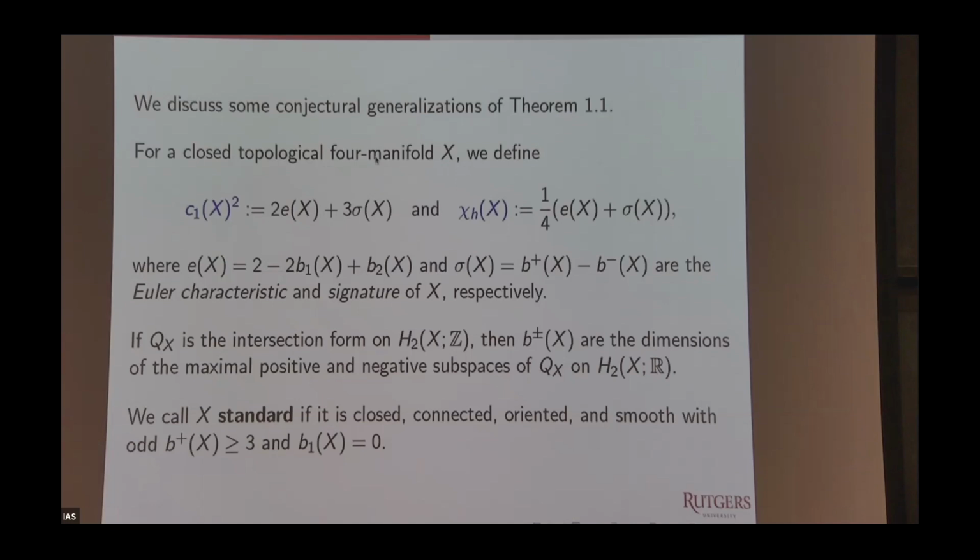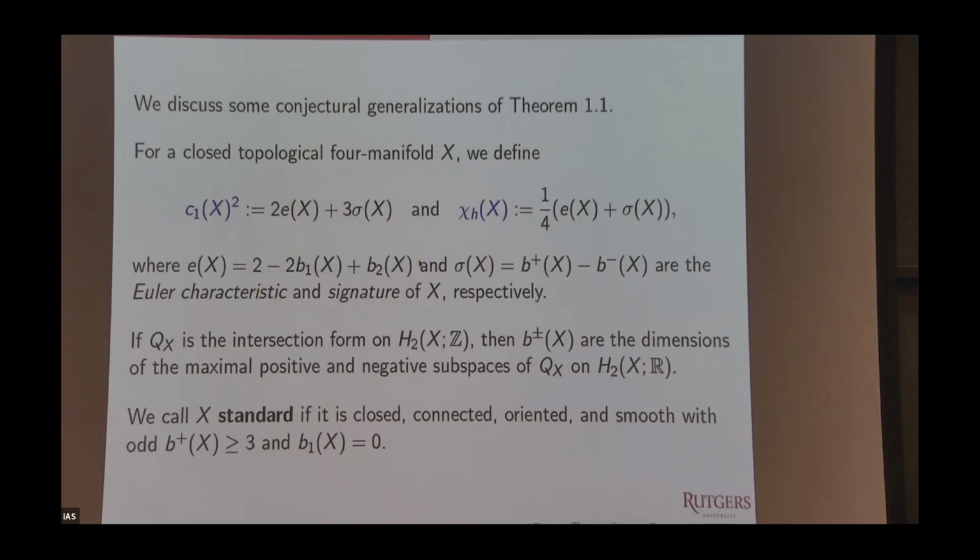Similarly, this quantity chi sub h, the so-called holomorphic Euler characteristic, that topologists often like to rewrite the inequality I had in the previous page, is also expressed in terms of essentially Betti numbers. And that expression in terms of Betti numbers is given here.